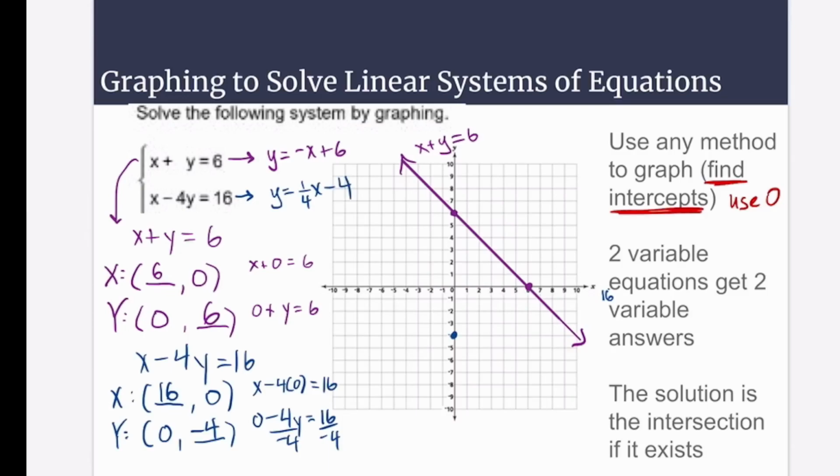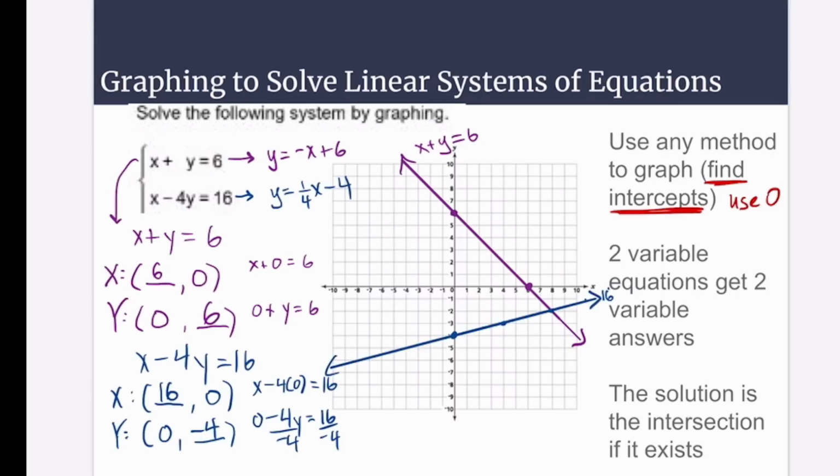If you use that slope, you start at negative 4 and you go up 1 over 4. Up 1 over 4, that would be at 12, and then that would be at 16. So we can graph this, and then we'll see where they intersect.